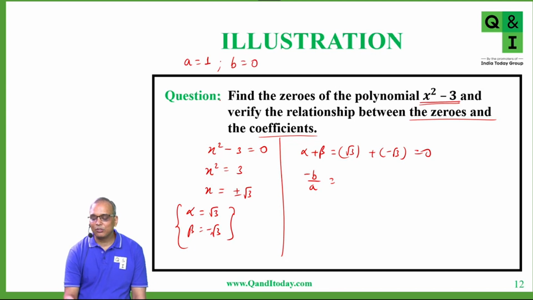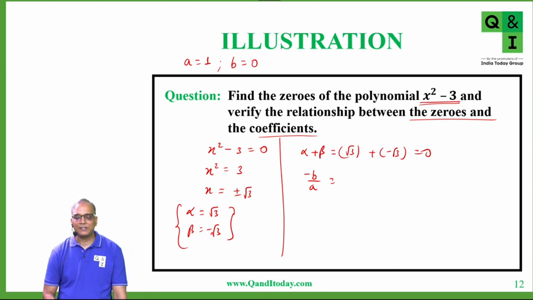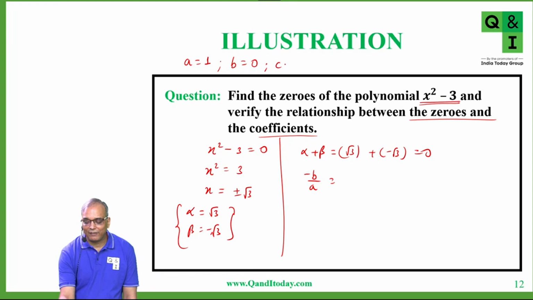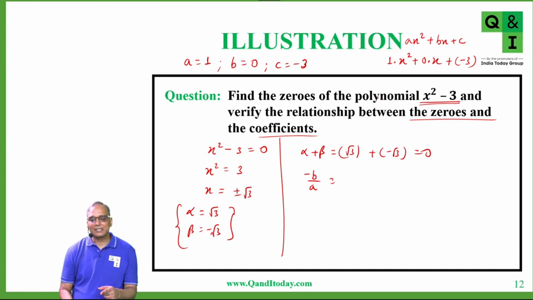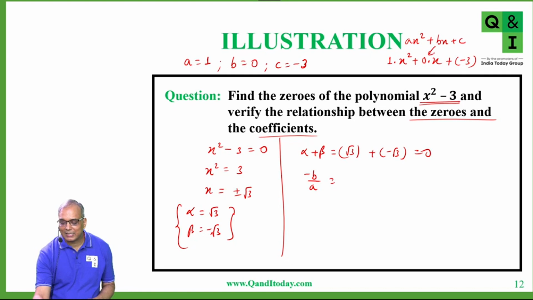The value of b is 0 because there is no term of x, that means the coefficient of x is 0, and the value of c is minus 3. So we can write this as 1 into x square plus 0 into x minus 3. If you compare it with the general form, ax square plus bx plus c, the value of a is coming to be 1, b is 0 and c is minus 3. Is this clear?